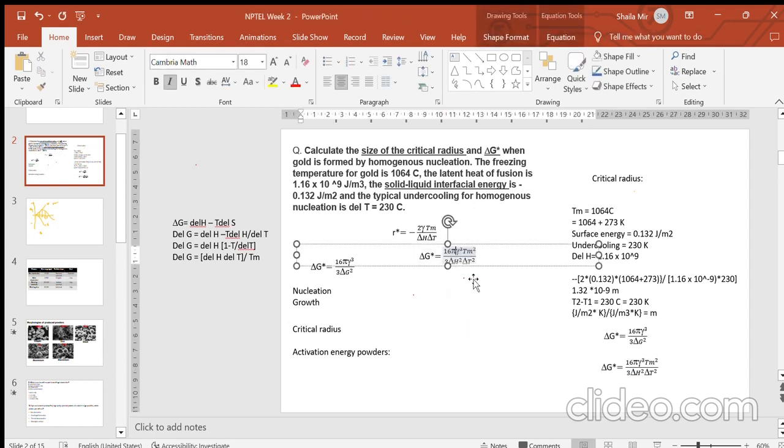This will be 16 pi times 0.132, I mean cube of 0.132. The melting temperature would be 1064 plus 273.